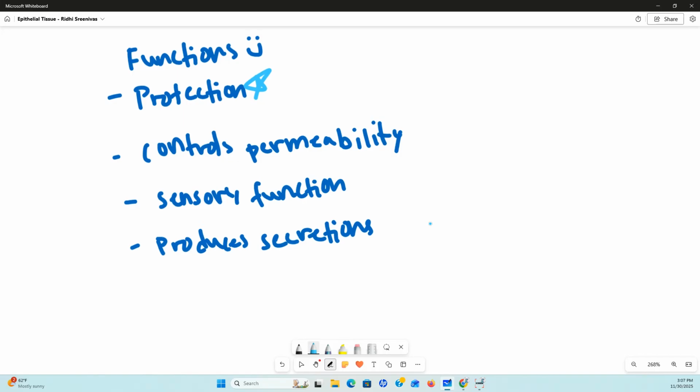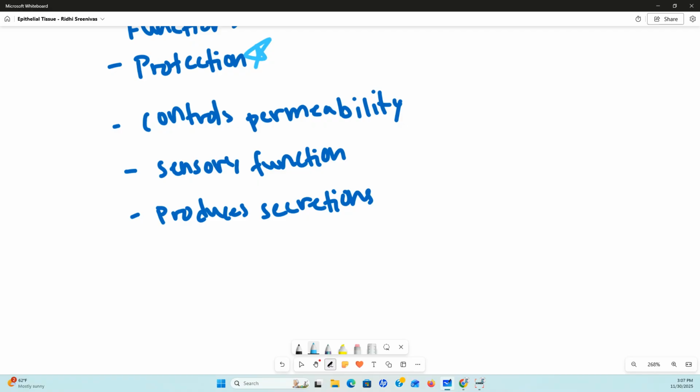Okay, next, most epithelial tissues contain a large sensory nerve supply, which brings information about what's happening in those external and internal environments to the brain, so the brain can act accordingly. So epithelial tissue contributes to that sensory function.